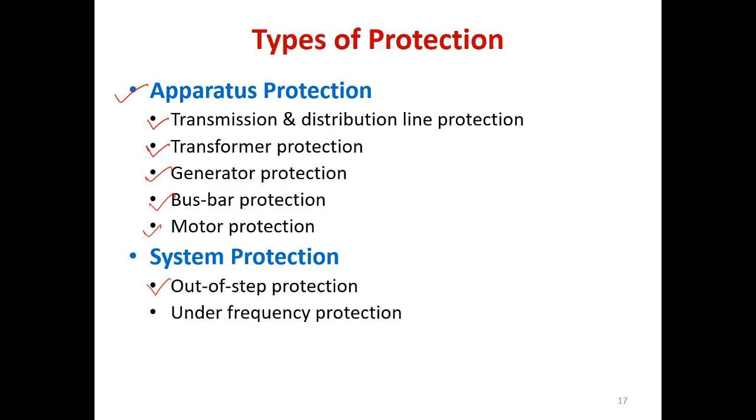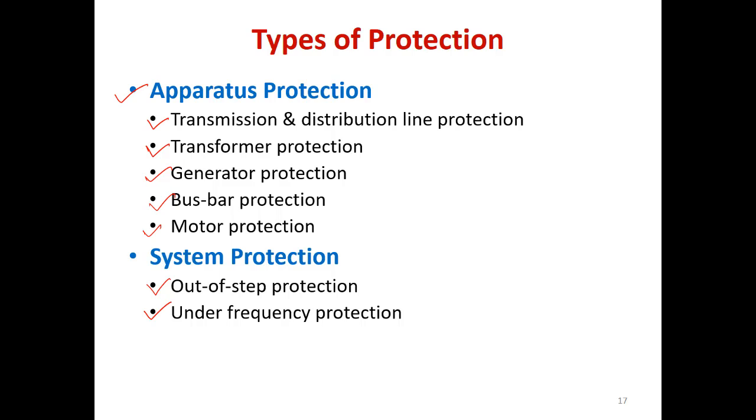And then under frequency protection: when the frequency goes beyond a certain range, the protection scheme needs to isolate the disturbances that are causing the frequency drop or frequency increase.